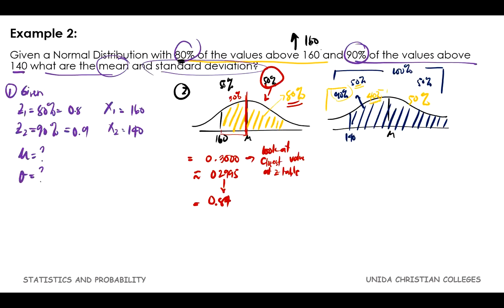So, itong 40% na yan, hindi na tayo mag-minus kasi nagsistart tayo sa mean. So, 0.4000. Equal yan kay 40%. Kinonvert natin into decimal. Then, nakuha na natin ulit. Ang gagawin natin, look at the closest value at the Z table.